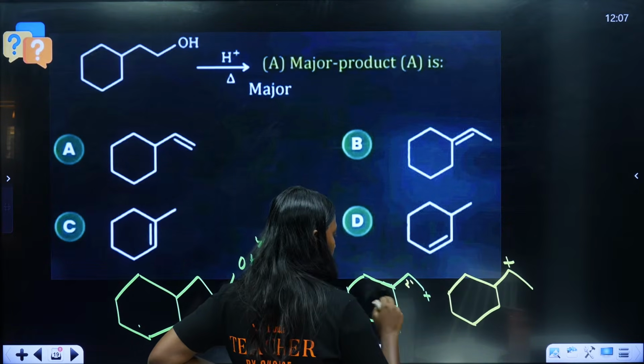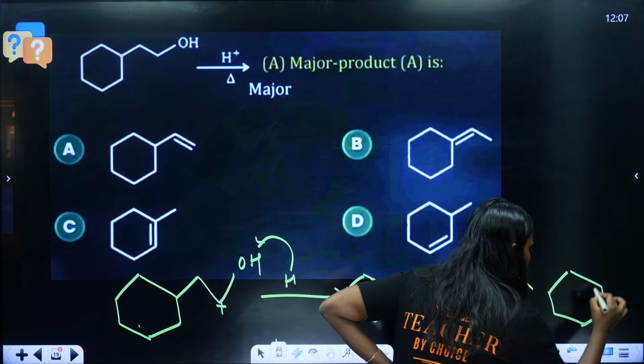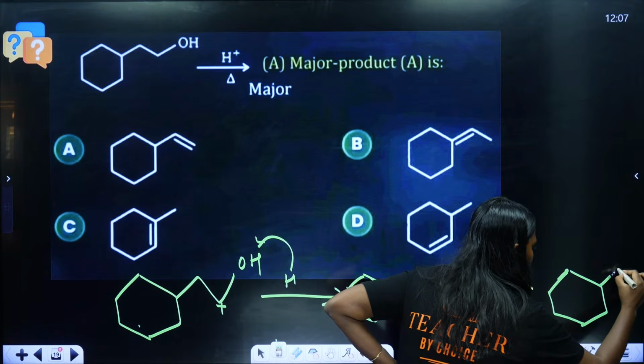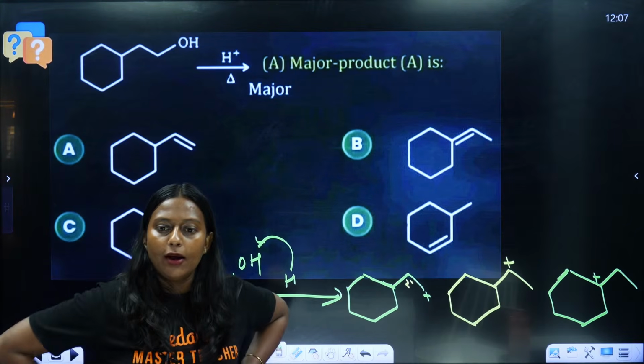Okay, this is primary, this is secondary, and this is tertiary.